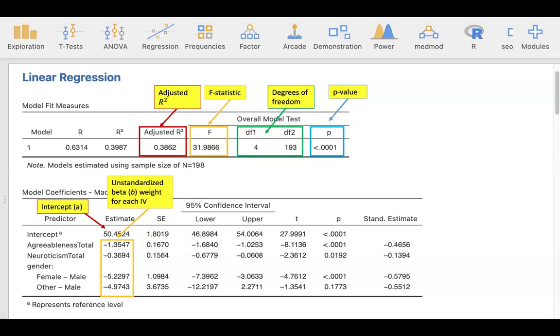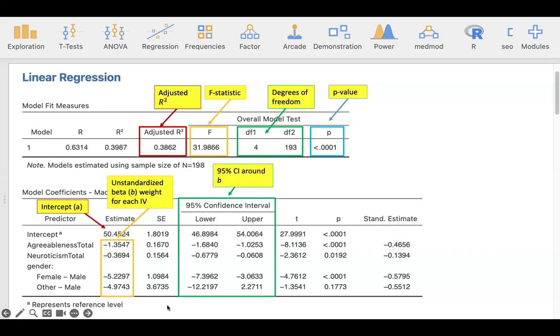Negative means that people who are higher in agreeableness or neuroticism, or who are female or other, tend to be lower in Machiavellianism. I say it this way rather than that it decreases, because that sounds like causation. So people who are more agreeable tend to have lower Machiavellianism scores. That's what the negative refers to.